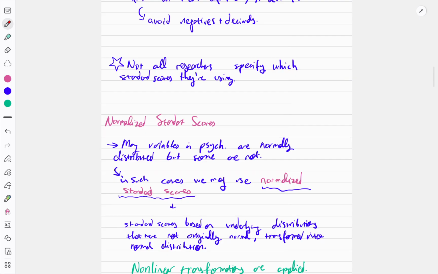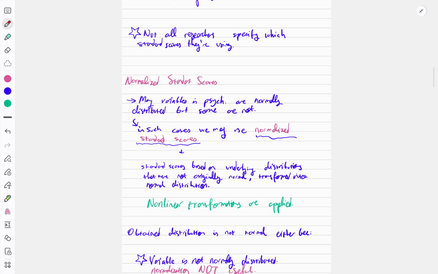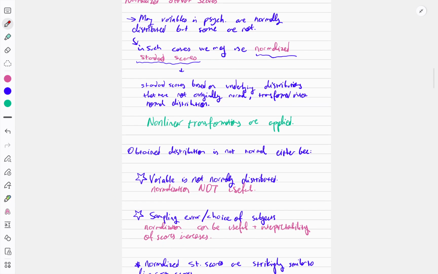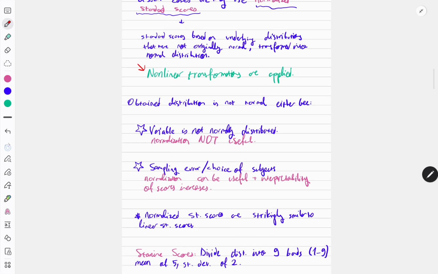So, normalized standard scores. Many variables in psychology are normally distributed, but some are not, so we may normalize the standard scores in these cases, and we use nonlinear transformations when we do. There can be two reasons why our data is not normally distributed.